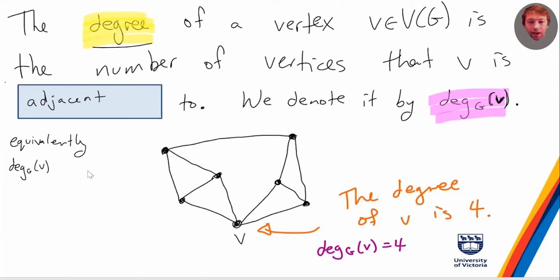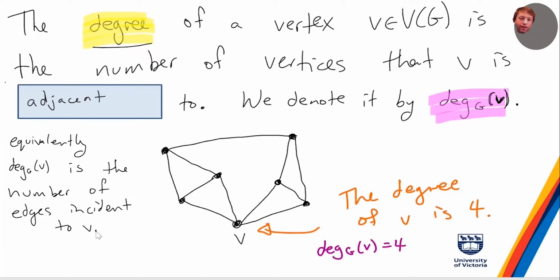Equivalently, it is the number of edges incident to V. So in this graph here, the degree of V is 4, because if you look at V and count up the edges coming out of it, 1, 2, 3, 4, that's the degree.